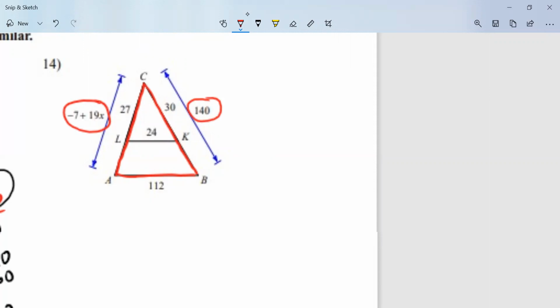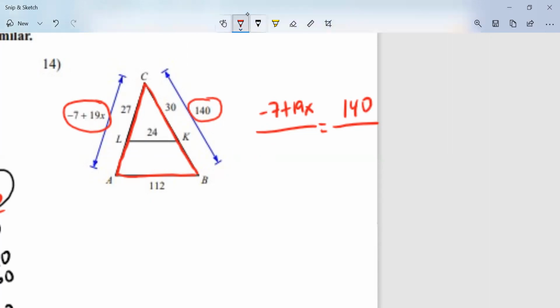You could use 112 instead, if that's what you want. So let me write negative 7 plus 19x over, and I'm going to let this equal to, remember, I'm going to write two fractions. And then on the other fraction, I'm going to write 140. I kept negative 7 plus 19x and 140 on the top of my fractions. Now I'm going to go corresponding sides.